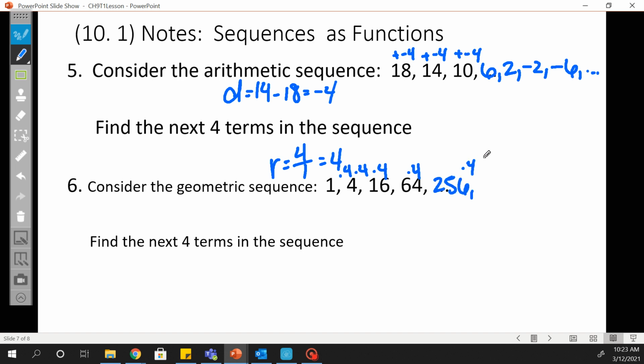If I want the next term, I would multiply that by 4, gives me 1024. The next term, multiply that by 4, which is 4096. And the next term, multiply that by 4, which is 16,384. And I'm going to turn these into semicolons so that I can differentiate the terms with this comma here.